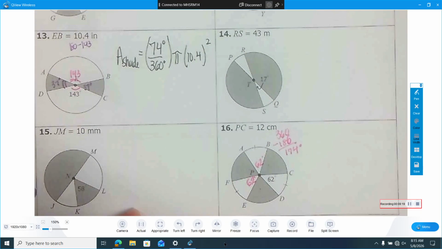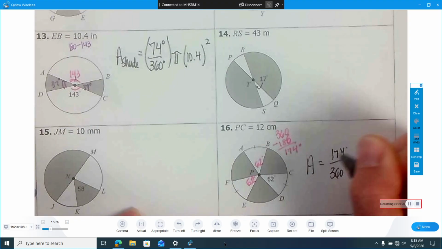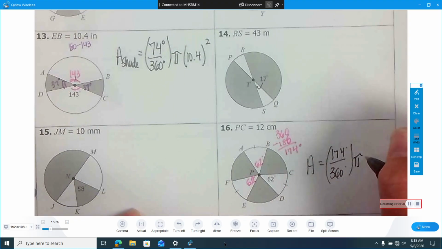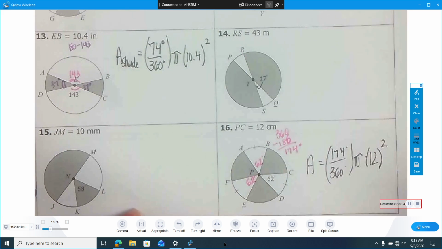So our area of the shaded region is 174 out of 360 degrees times pi times our radius. PC is the radius, yes, of 12 squared. Yes. Good?